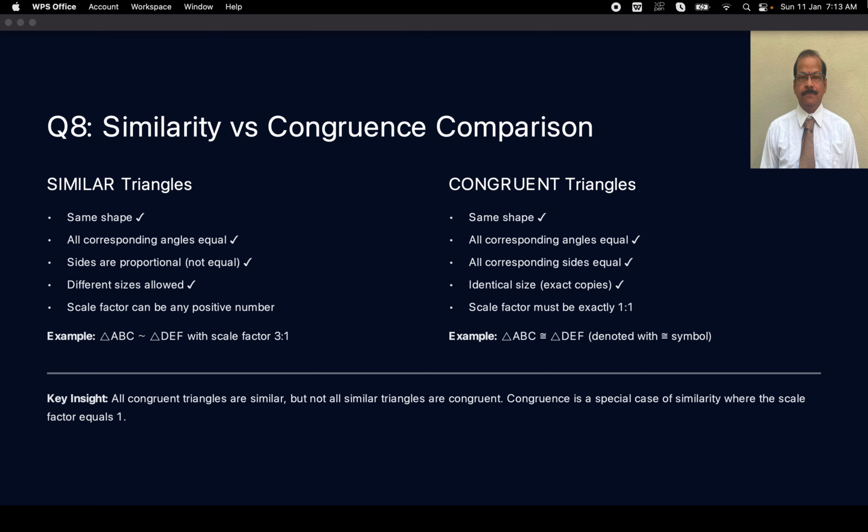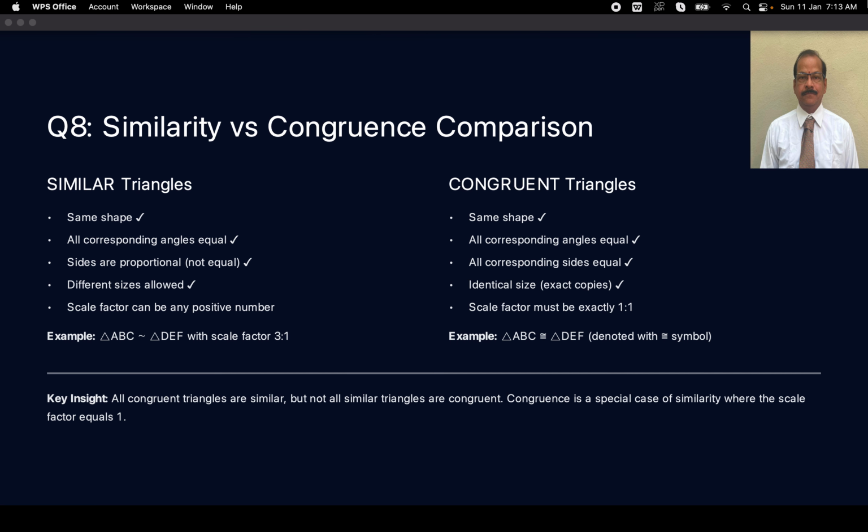Scale factor can be any positive number in similar triangles, whereas the scale factor has to be 1:1 in congruent triangles, exactly equal. In the given case, triangle ABC is similar to triangle DEF with a scale factor of 3:1.